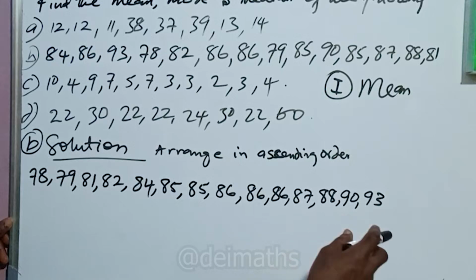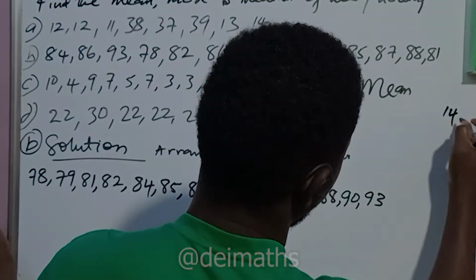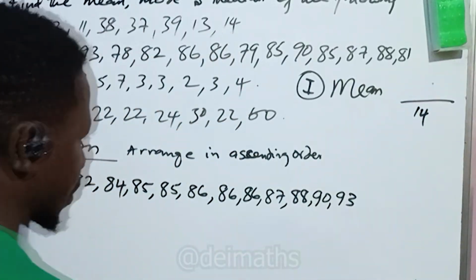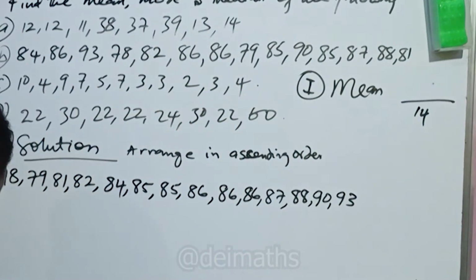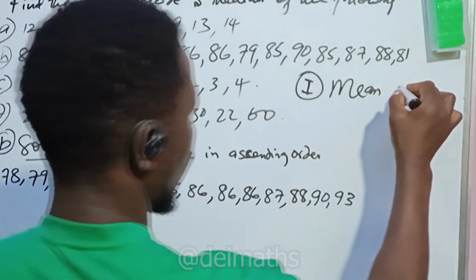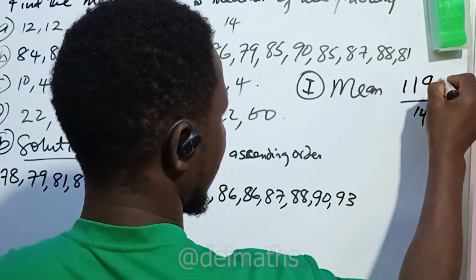The number of quantity is 14. That means we have 14 in here. Now we sum the numbers up. Because of time, we are going to use our calculator again. We'll be getting 1190.